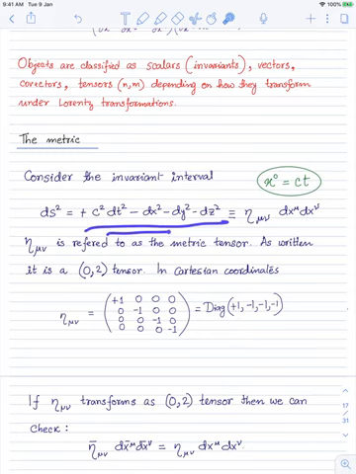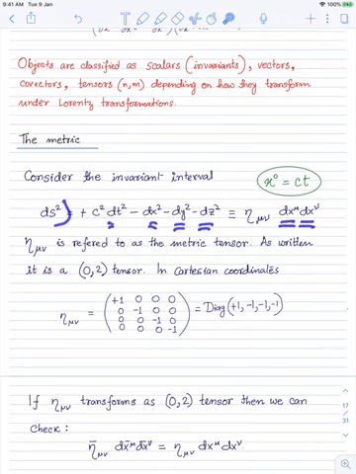And so we do it in the following way. We have this invariant interval again. Okay, the interval was invariant. In this invariant interval, we can think of this as a matrix with mu and nu index and dx mu dx nu. Of course, these are the infinitesimals.